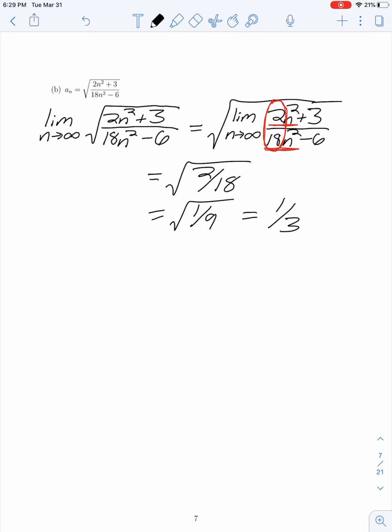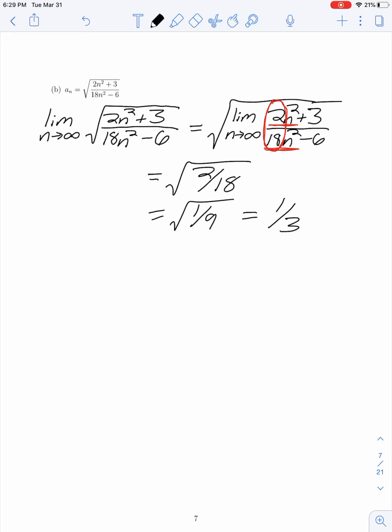So let's look at some other ones. In part C, the general term of our sequence is n divided by the natural log of n. To determine convergence or divergence, we're going to look at the values of that nth term as n becomes large.